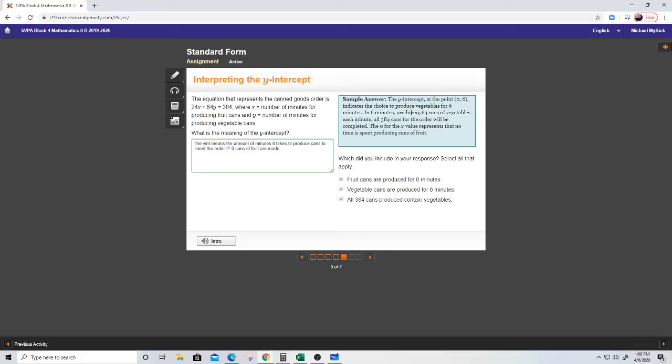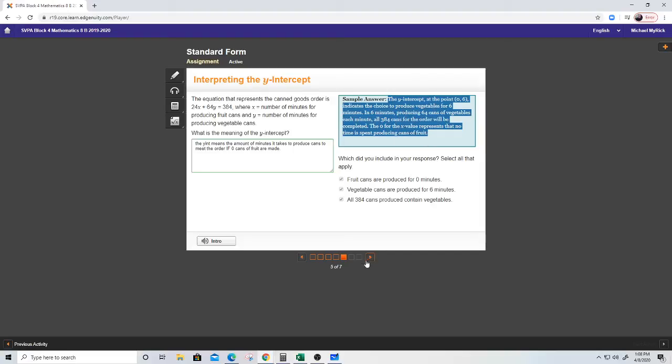Oh, 64 cans of vegetables per minute. Oh, that's 64 cans of vegetables per minute. Pro tip.